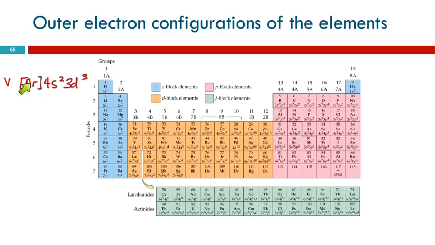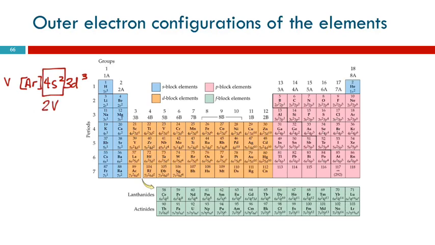So what's the highest level? 4. 3d is listed after, and it is higher in energy, but it's not the highest principal quantum number. So only the electrons in the fourth one are valence electrons. So these are the valence electrons right here.